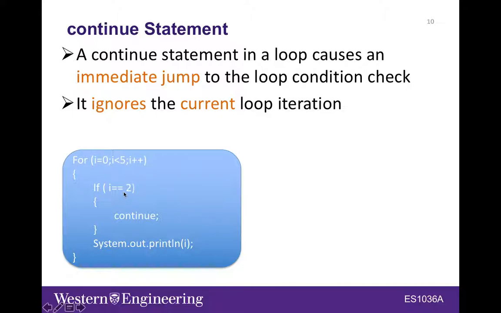If I'm at 2, I will go to 3. So 0 is okay, 1 is okay, 2 is missed because when i equals 2 it will continue, not executing the output of 2, and then proceed with 3 and 4. This is continue. I'm not getting out of the loop, I'm not terminating the loop, just skipping the current iteration.